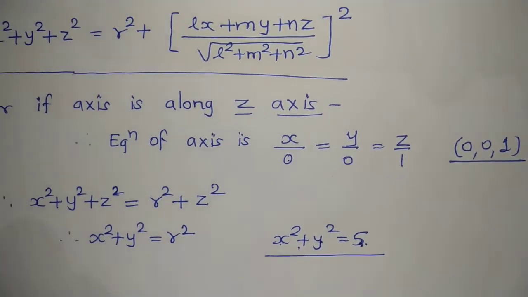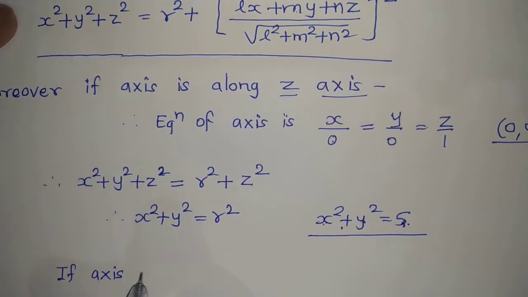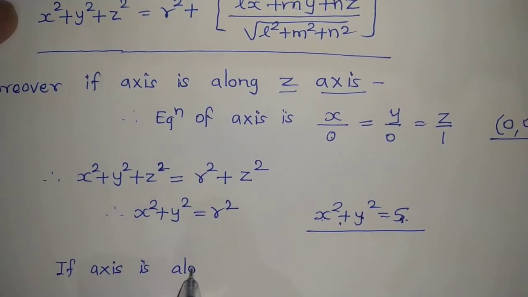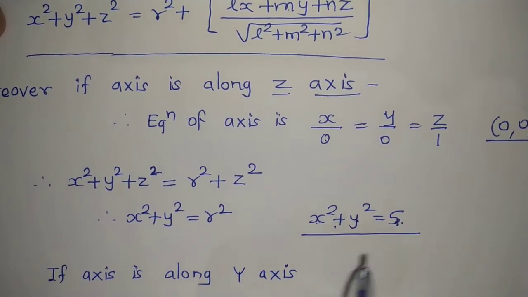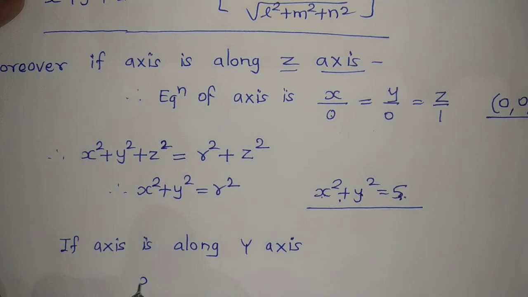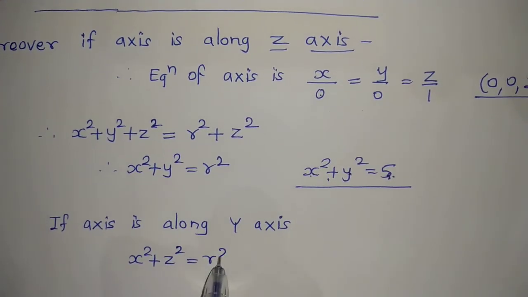Now if the axis is along the y axis, apply the same logic and you will get the equation x square plus z square is equal to r square.